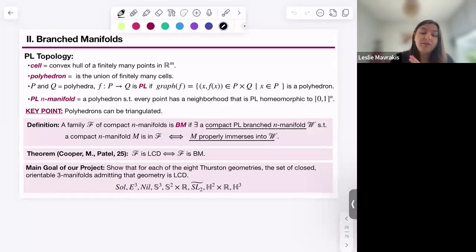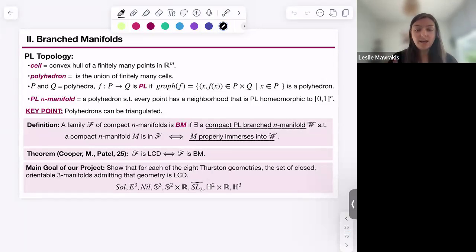For everything but hyperbolic, how we go about this is building the branched manifold. We can actually draw a picture of the branched manifold, and I'll talk about the Sol geometry case at the end of the talk. That will hopefully be out on the arXiv pretty soon. The Seifert fibered cases were part of my thesis, and hyperbolic is what we're working on next.